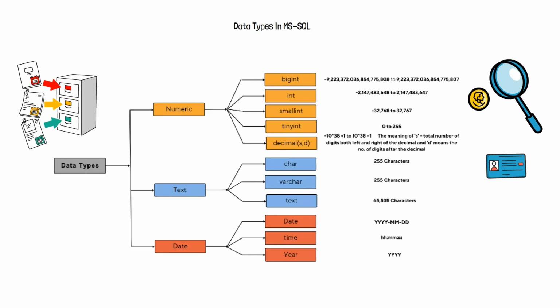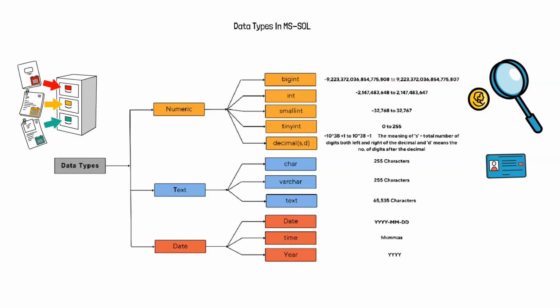Integer is -2147483648 to 2147483647. Small integer is smallint. The range is -32768 to +32767. Tinyint is 0 to 255.